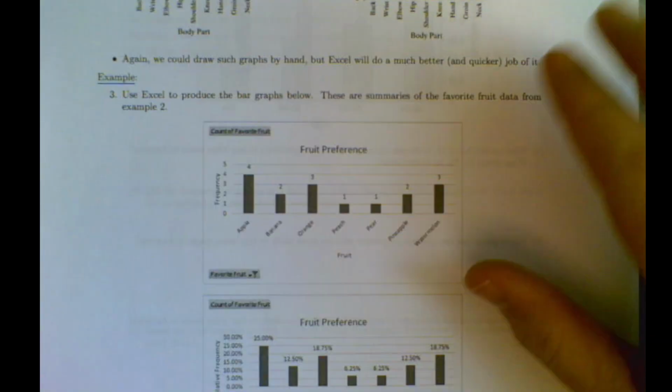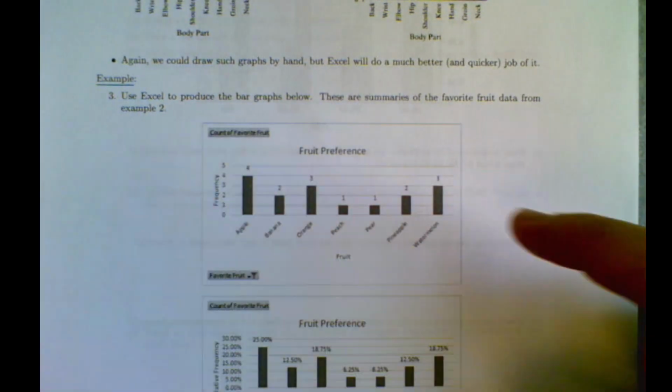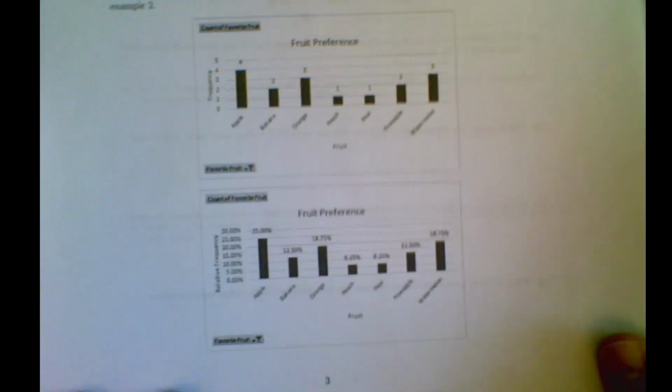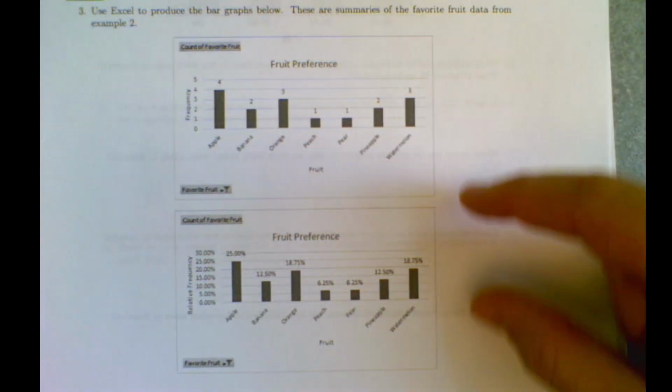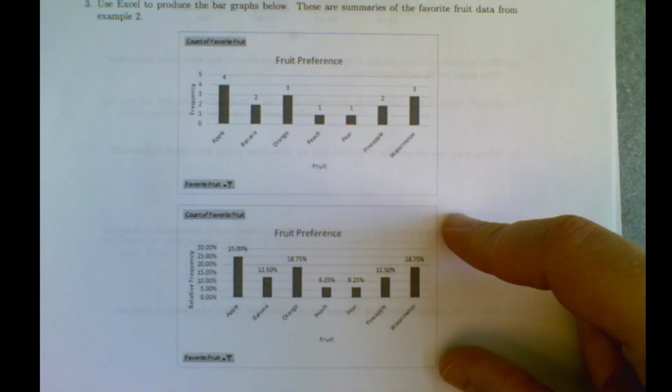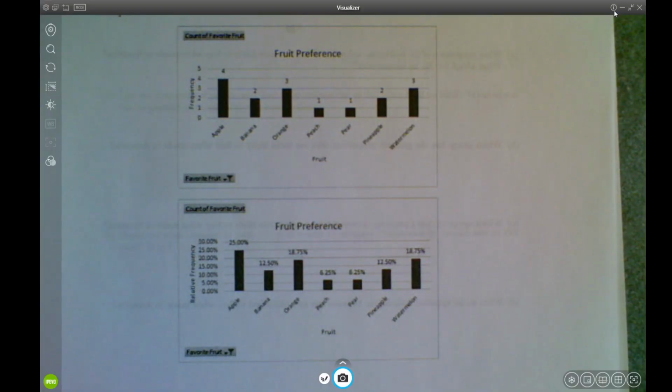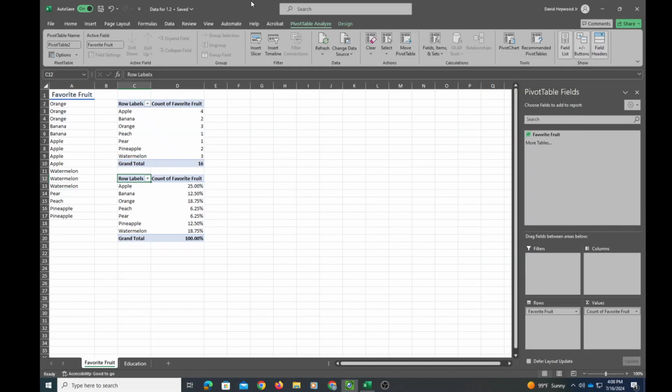So let's use Excel to produce the bar graphs for the fruit example we were just looking at a second ago. Let's try to get a frequency bar graph as well as a relative frequency bar graph. So let's head back over to Excel and see what we can accomplish here.